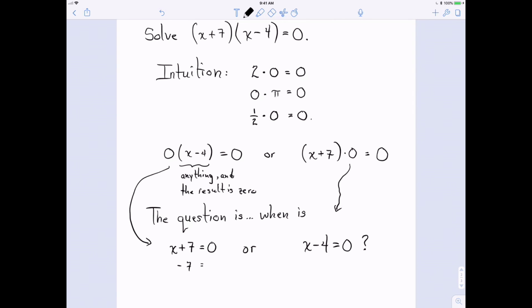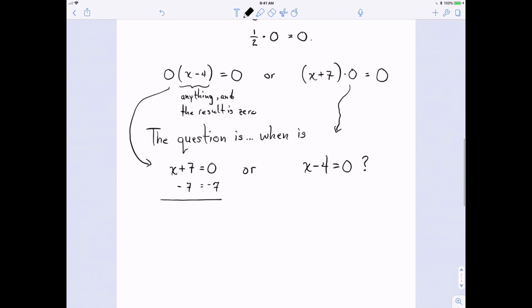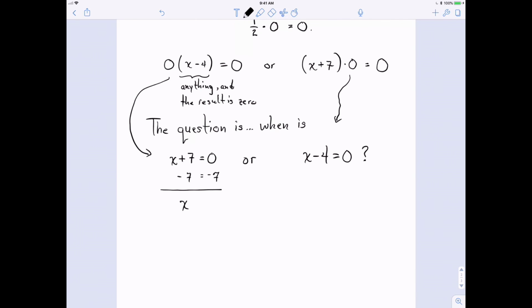We subtract 7 from both sides. We could say here that x is negative 7, or here we'll add 4 to both sides, and we end up with x equals 4. And those are the solutions to our problem. X equals negative 7 or x equals 4.